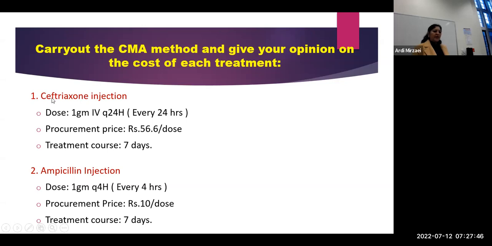We can first take the cost of the drug. The dose is 1 gram IV every 24 hours. That means the dose per day is 1 gram. So 1 dose is costing 56.6, and the treatment course is 7 days. So you can just write this down. It's very interesting if you work it out.